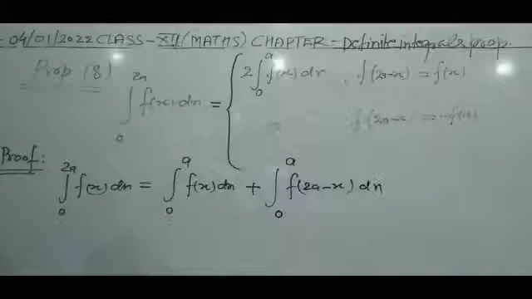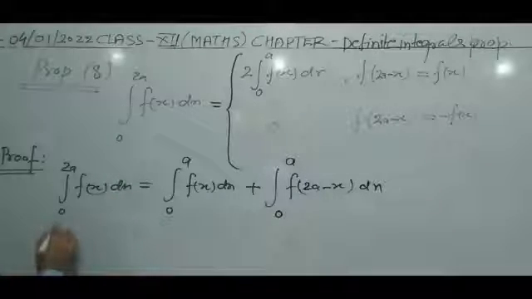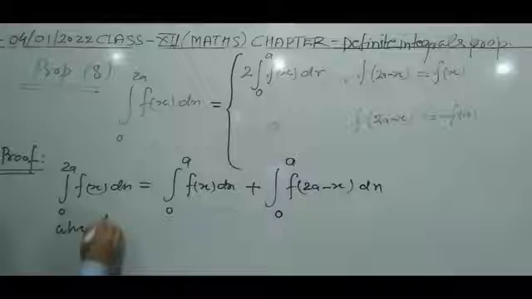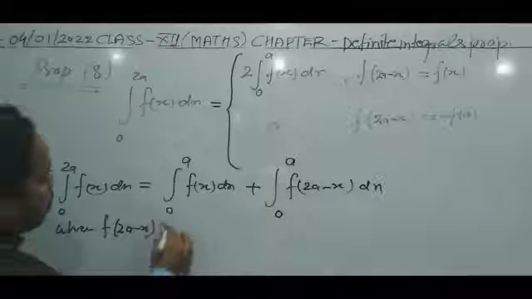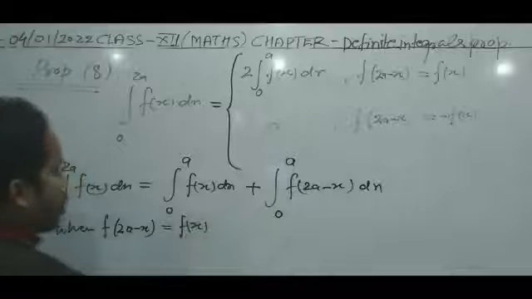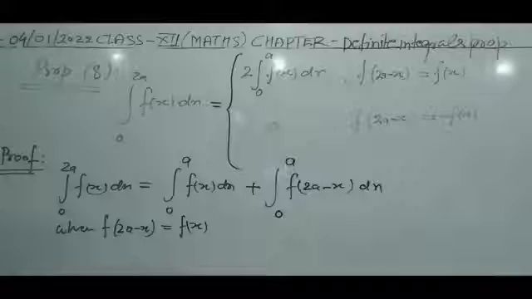So in this question it is given that f of (2a minus x) is equal to f(x). This implies, or we can write, two values.